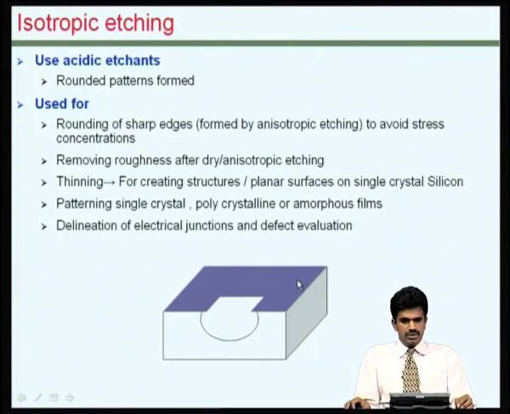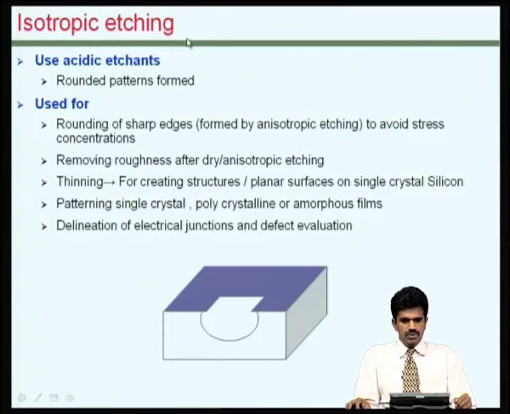As I mentioned, one of the simplest things to imagine would be isotropic etching. It is usually done by using acidic etchants and results in rounded patterns, as you could see from here. And these shapes are usually unpredictable and depend largely on the agitation and various other process parameters.